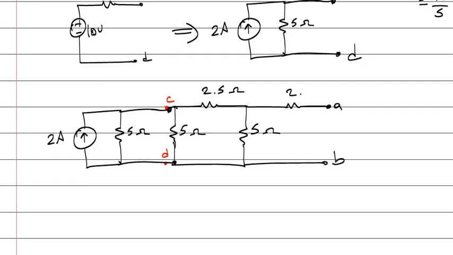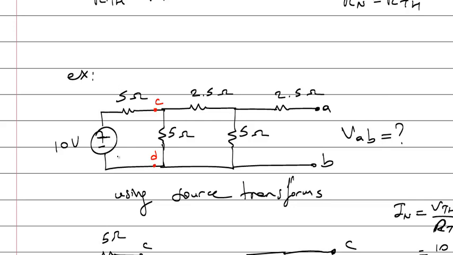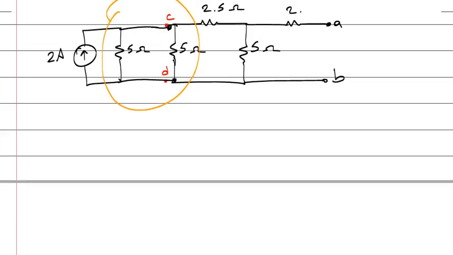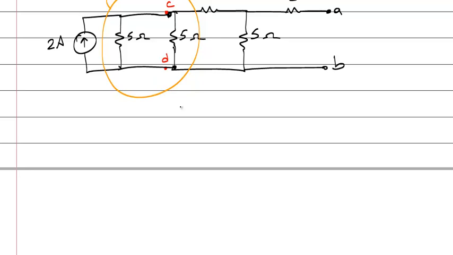Now, here there are no resistors in parallel or in series, but after the transform, I have 2 parallel resistors. I can reduce them. 5 paralleled with 5 is equal to 2.5 ohms.